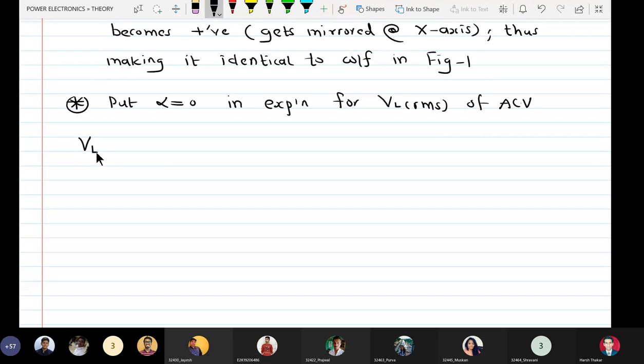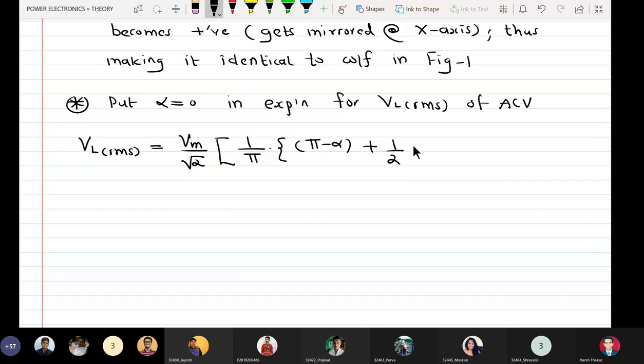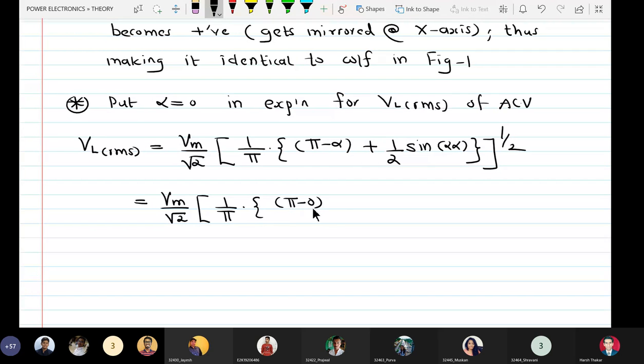So VLRMS is equal to Vm upon root 2 into the square root of 1 upon pi into brace bracket pi minus alpha plus 1 upon 2 sine 2 alpha, which is equal to Vm upon root 2 into the square root of 1 upon pi into pi minus 0 plus 1 upon 2 sine 0 degrees, by 2.